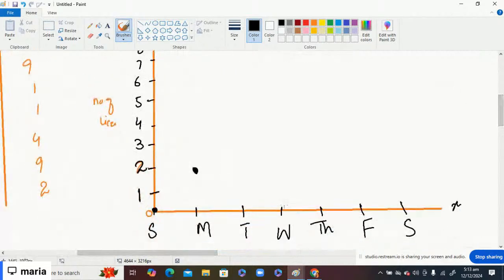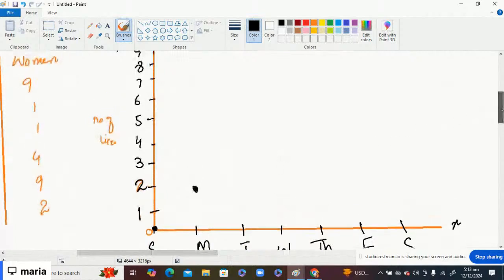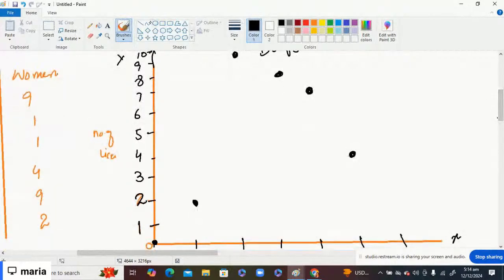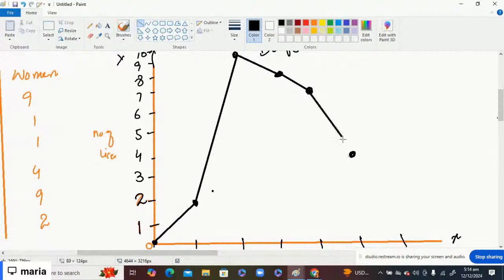For the next it's 8. For Thursday it's 7. And then for Friday it's 4. Okay, now just draw using the line. Draw these two firstly, then this, then this, and this. This is for the men.